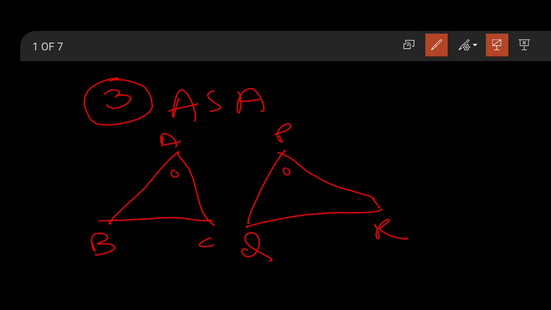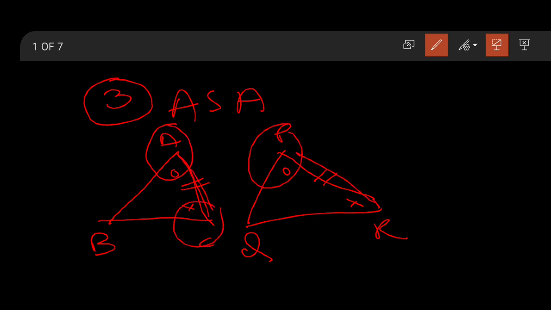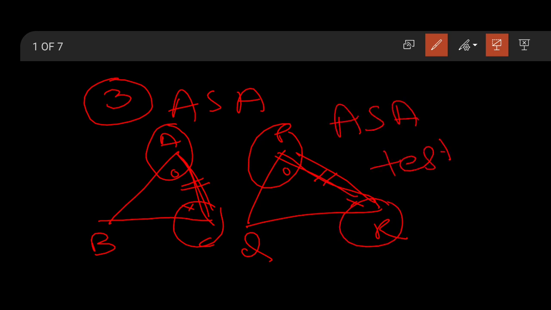These are the identical marks. This side is equal to this side. This angle is equal to this angle. So on the basis of identical marks, you can say angle side angle. So based on ASA test, these two triangles are congruent.